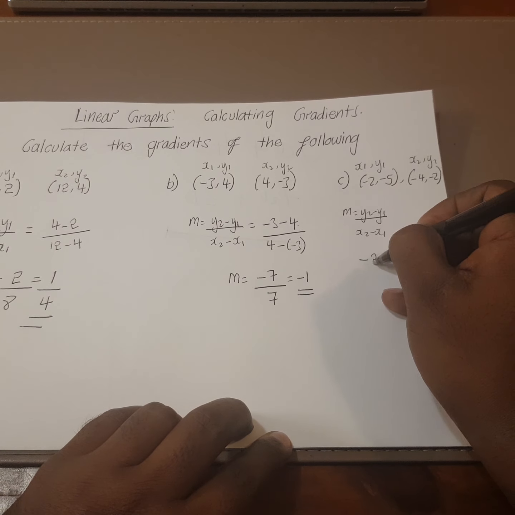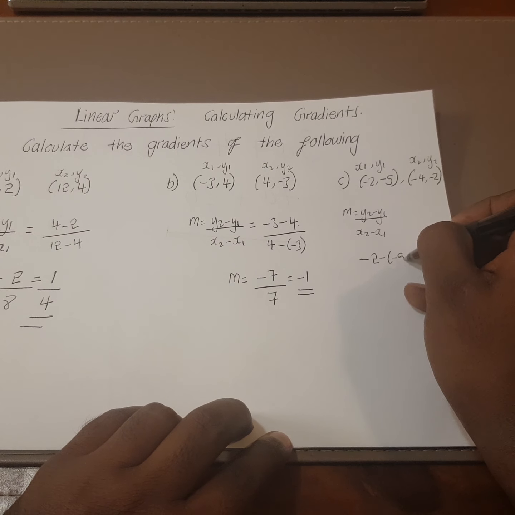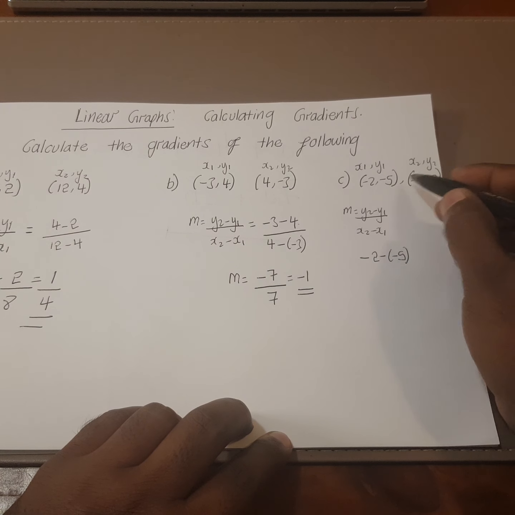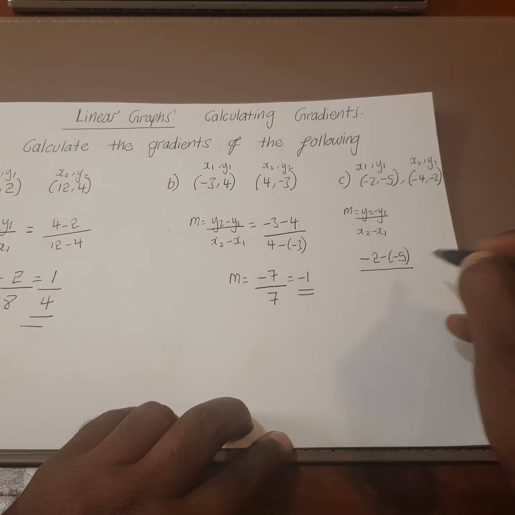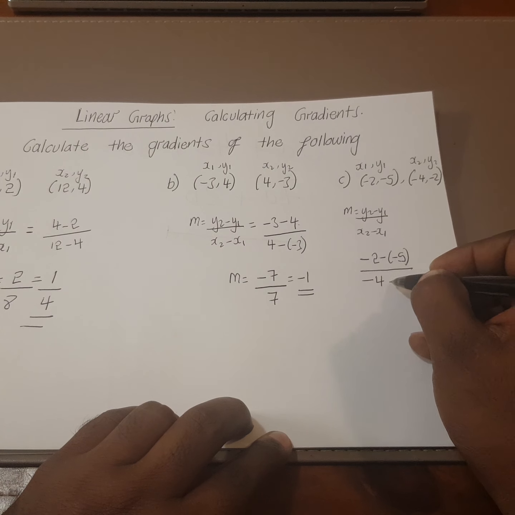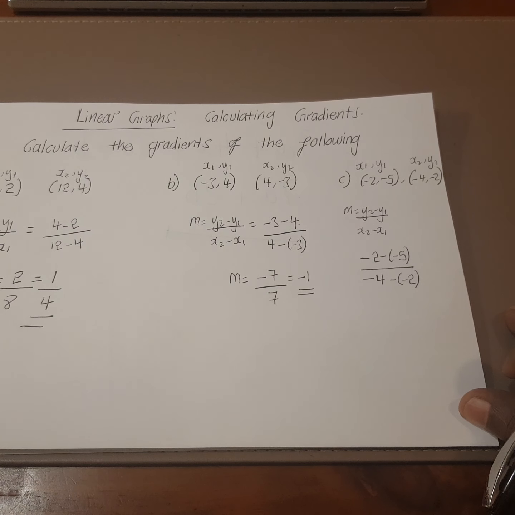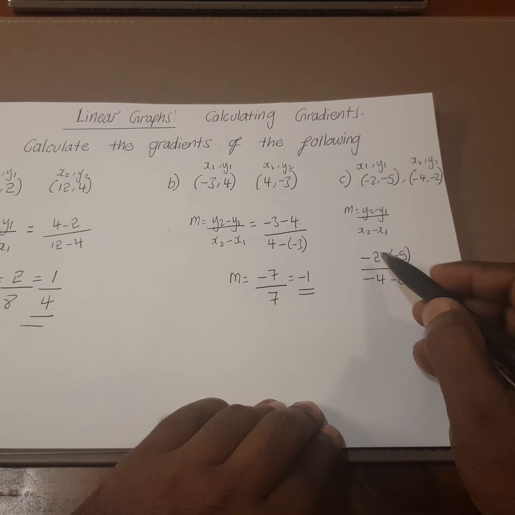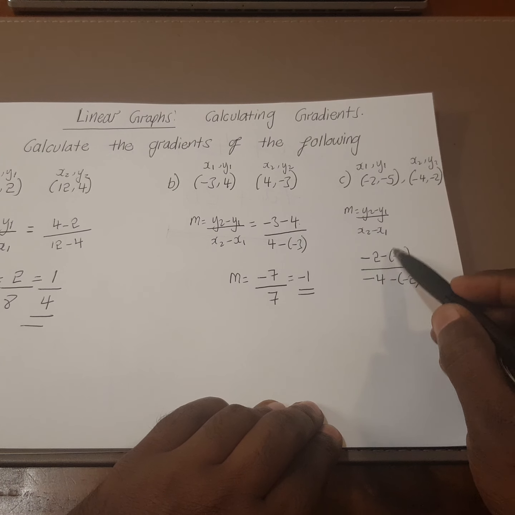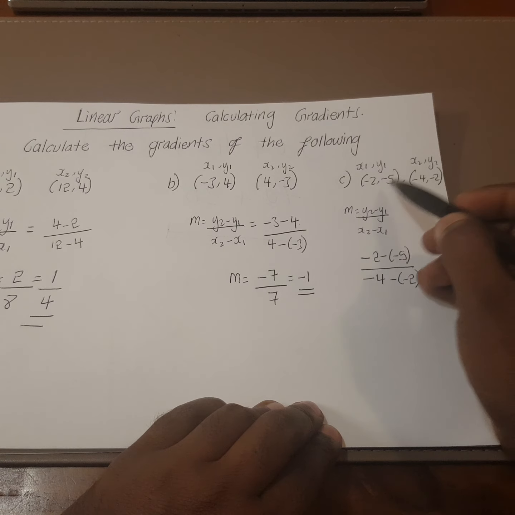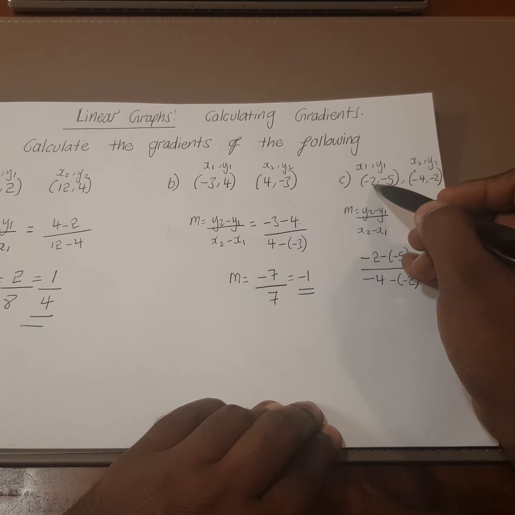So -2 minus -5 over -4 minus -2. So it's very, very important to take note of the negative numbers that you put from here. You've got that minus because that's in the formula, and what's in the brackets, the -5 is actually that, and the -2 is right there.